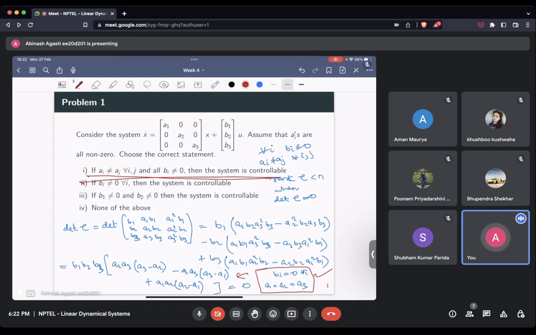What this condition fails at is if bi equals 0, that is one necessary condition, obviously. But also, if a1, a2, a3 are all the same, then this determinant goes to 0. And in this case, if b3 were 0, then obviously our determinant would also go to 0. So only this one option satisfies the conditions for the system to be controllable. So is it clear? Yes, sir. Yeah. So we'll move on to the next question.